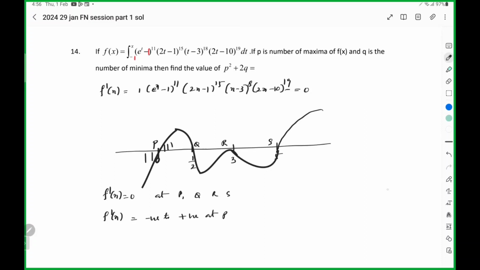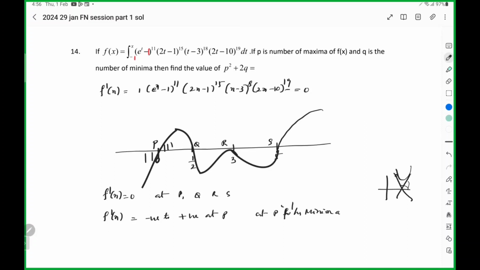So negative to positive means slope increases; in this case, at this point obtuse angle, at this point acute. So at P, F has a minimum.